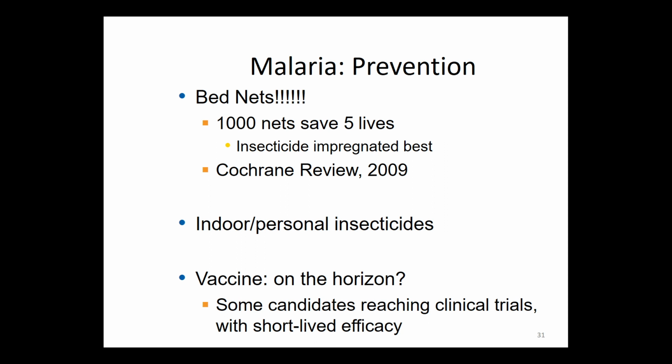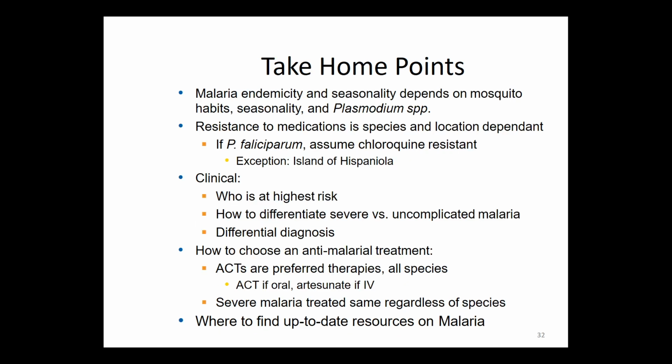Vaccination: some candidates are reaching clinical trials with short-lived efficacy. The last time I checked the World Health Organization site, it's written that a vaccine is available, but its effectiveness is not really high, so some studies continue to find something more effective.